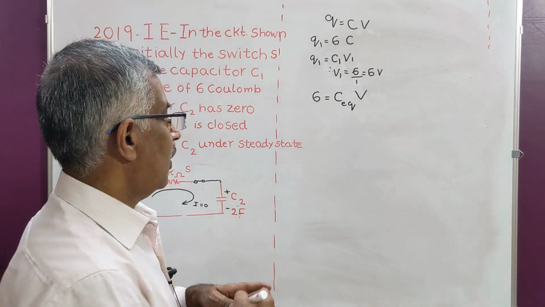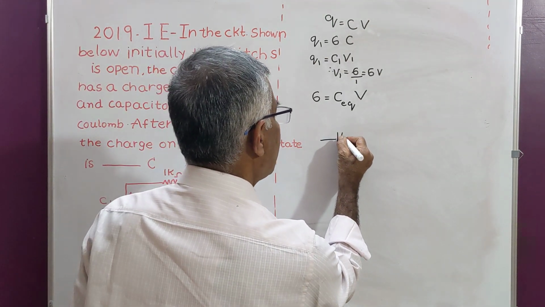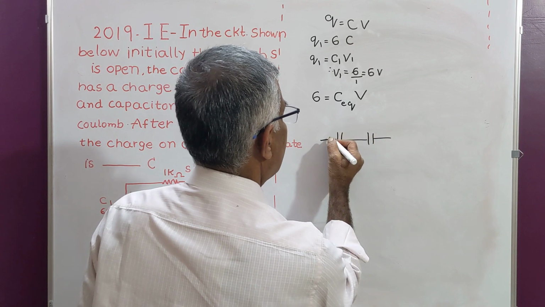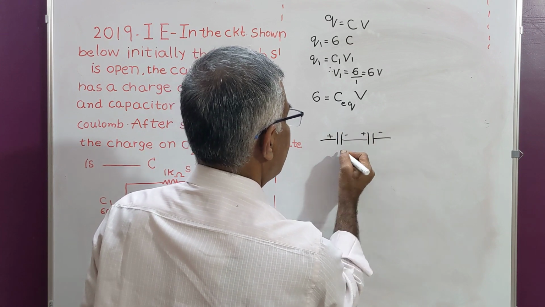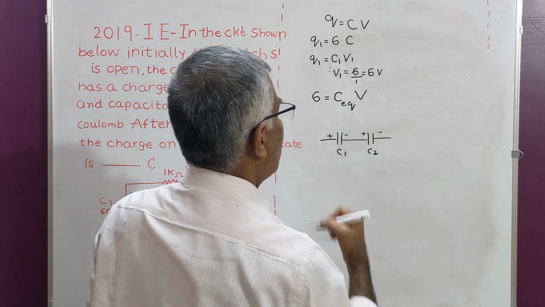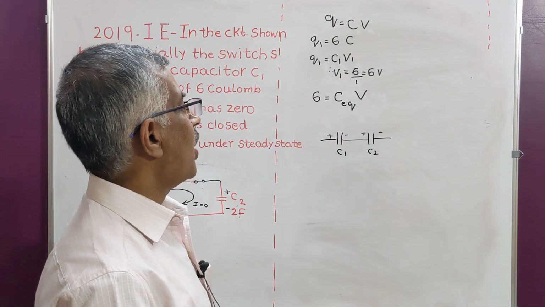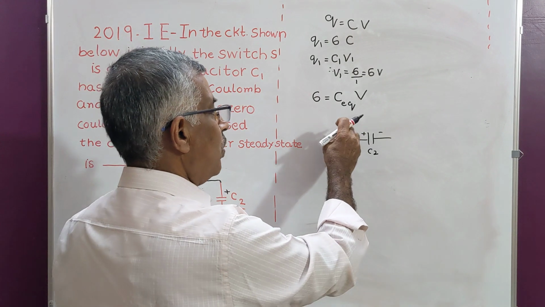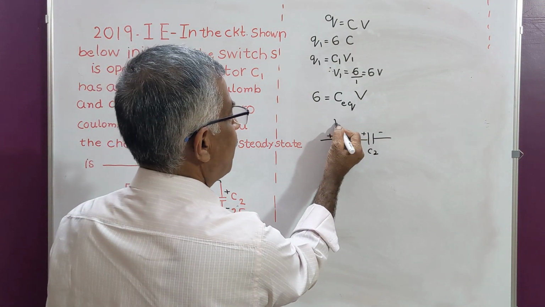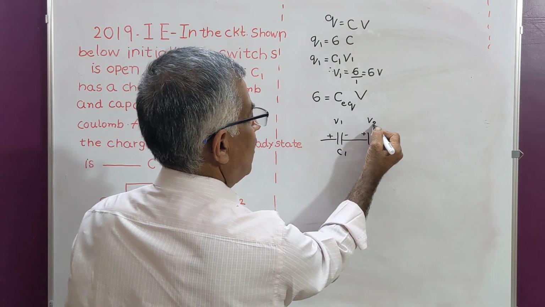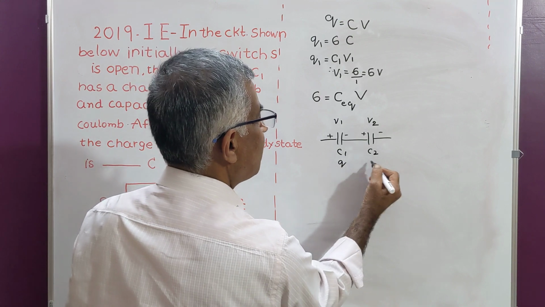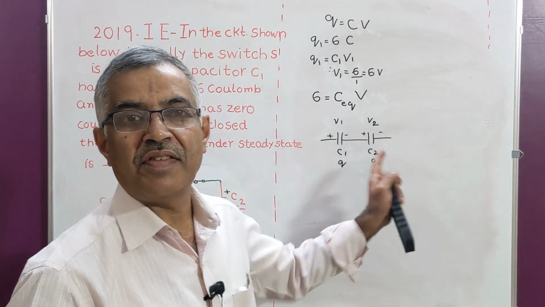parallel? Now if C1 and C2 are in series, the voltages are going to be different, but the charge is going to remain the same. This is series arrangement.